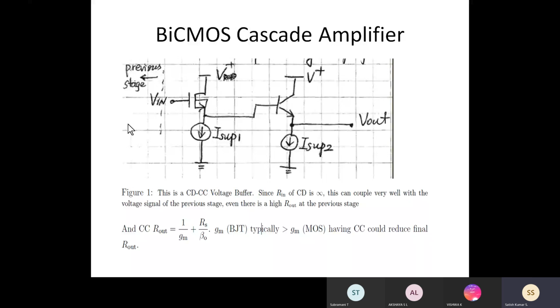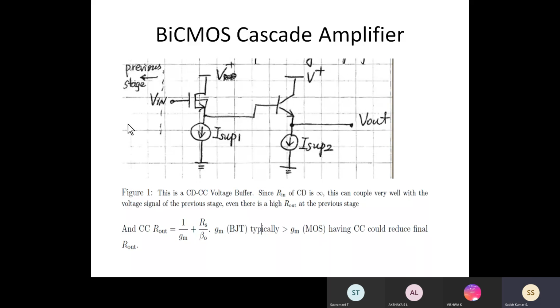Buffering means boosting. Since the input impedance of your common drain is infinity, it can couple very well with the previous stage. The previous stage must have a high output impedance only. It can be coupled with that stage, and the common collector we are using is the second stage.